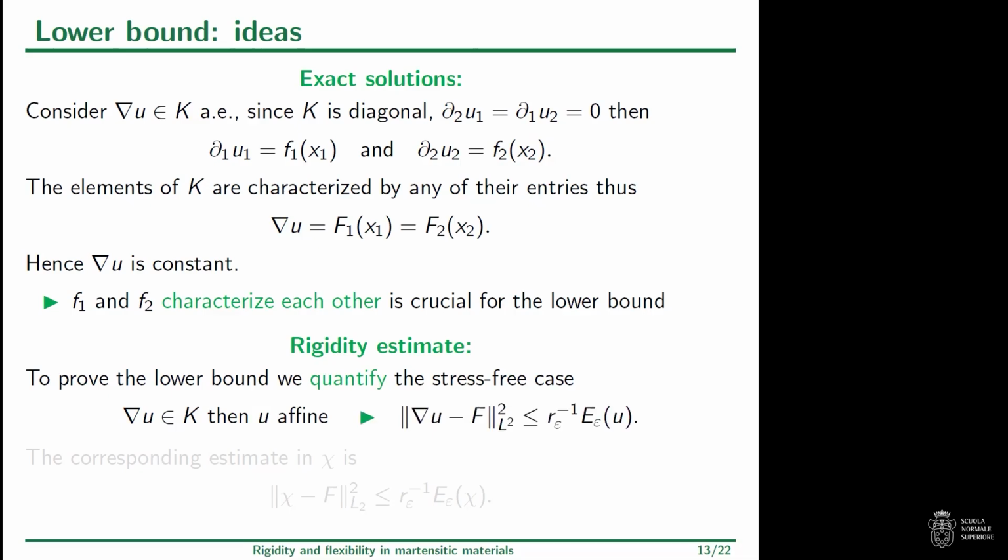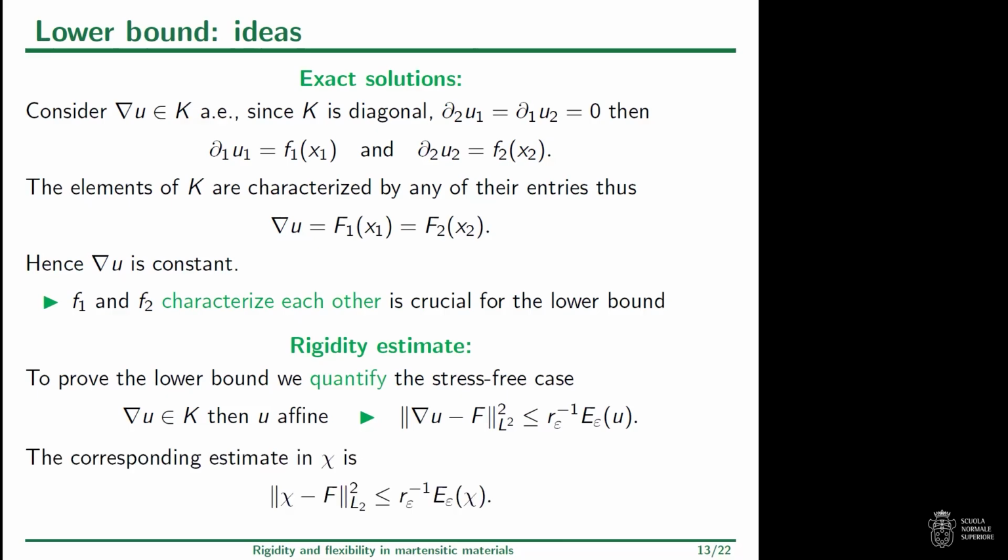We want to quantify this property: the L2 distance of the gradient from the volume constraint F, but in general a constant matrix, is controlled from above by a rescaled version of the elastic energy. If we then prove that this is positive, we get a lower bound.